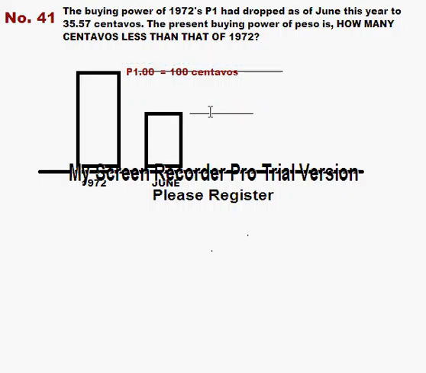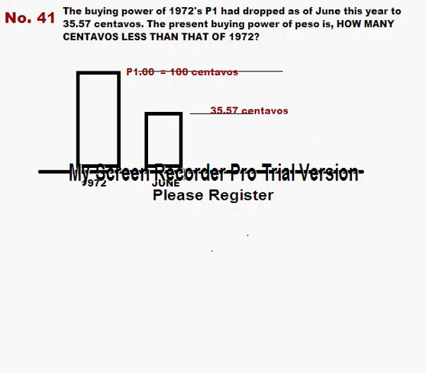The problem tells us that as of June this year it has dropped, meaning from 100 centavos for 1 peso, it now has an equivalent of 35.57 centavos. Now, how many centavos less than that of 1972? So what is the problem all about?